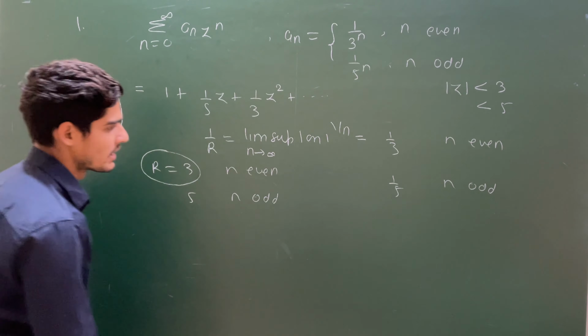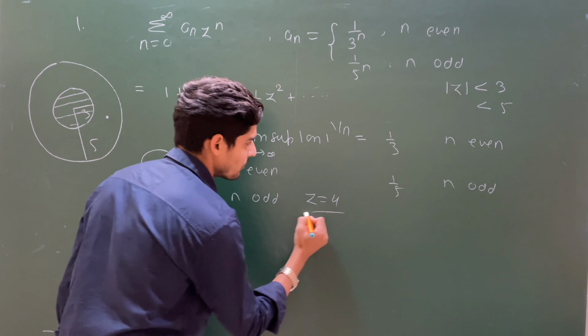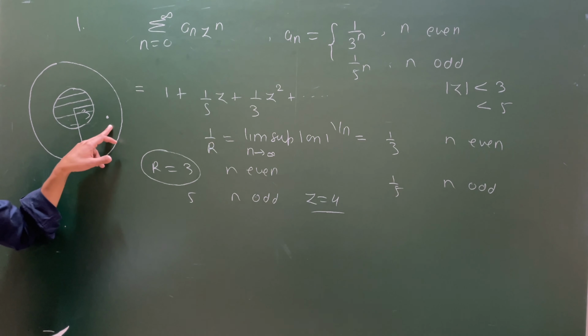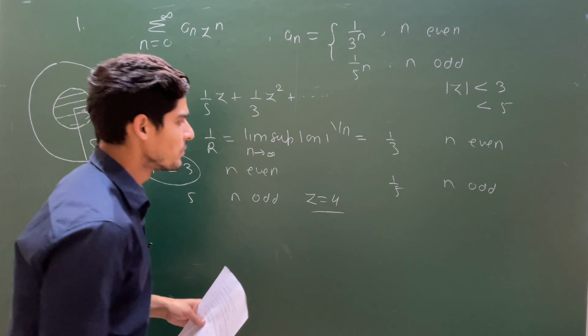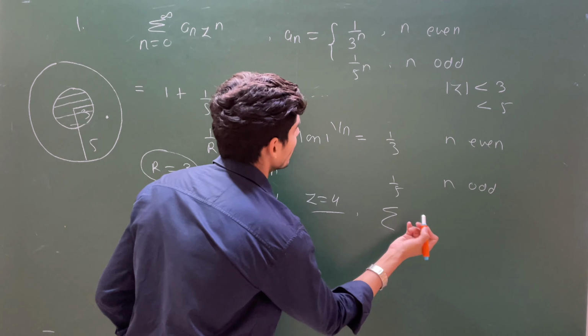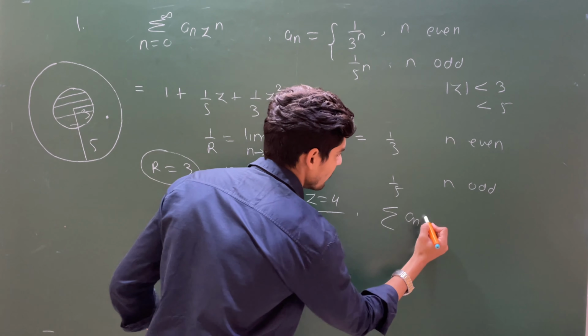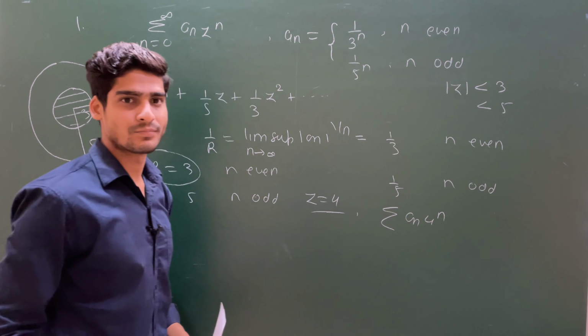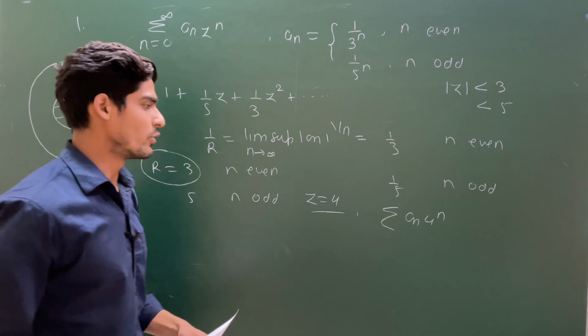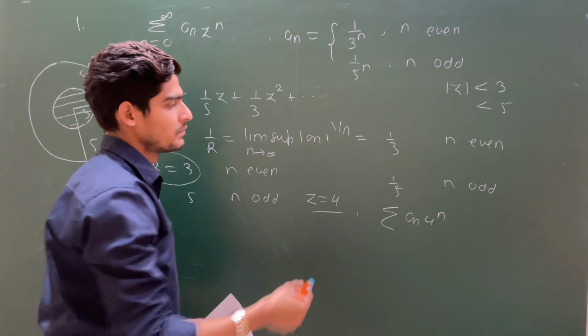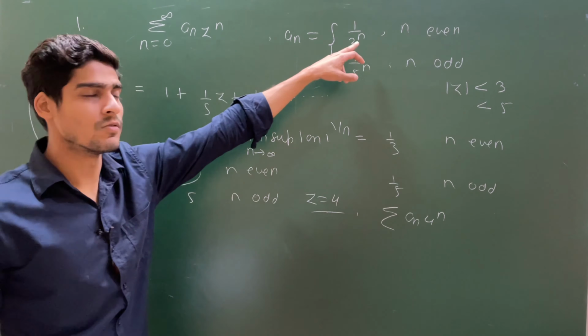Suppose, without loss of generality, I choose z to be 4; this 4 lies around here. So if you choose z to be 4, your power series will be a_n 4^n. And obviously you can see this a_n is always non-negative, in fact always positive.